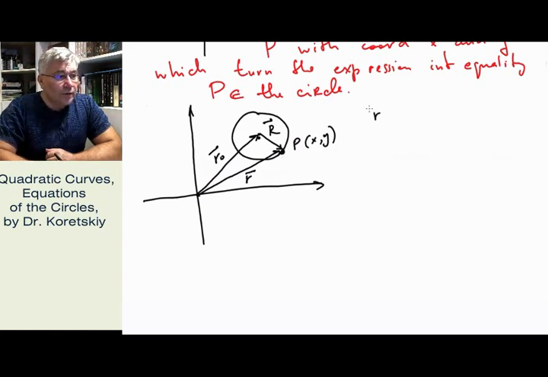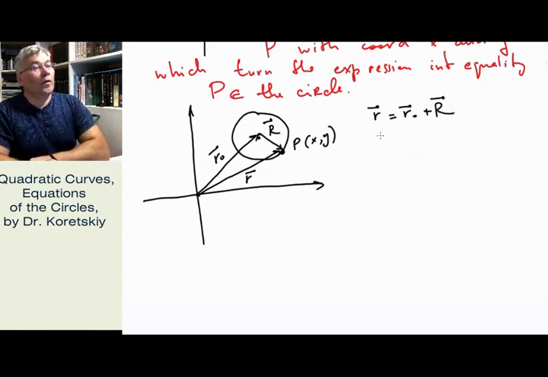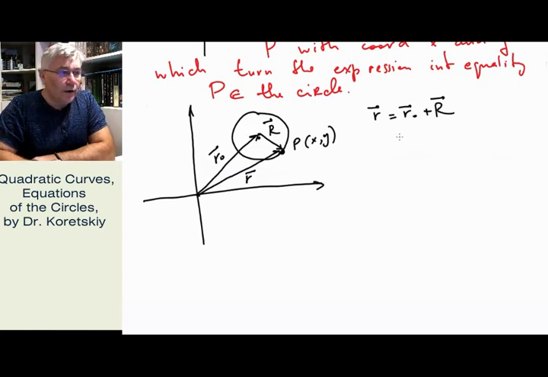I can write down that r small equals r0 plus r capital. So here we have the vector view of the equation of the circle.